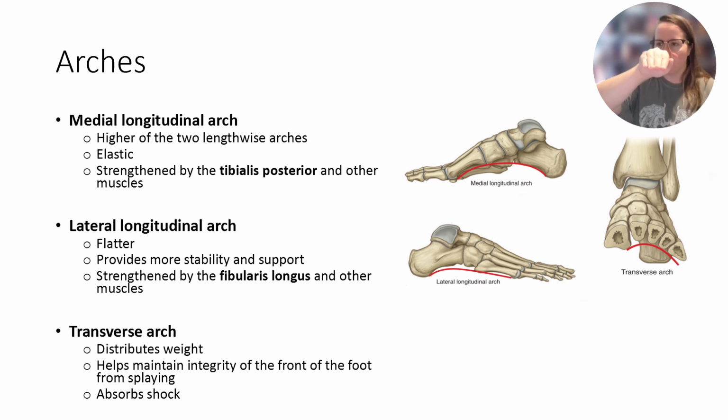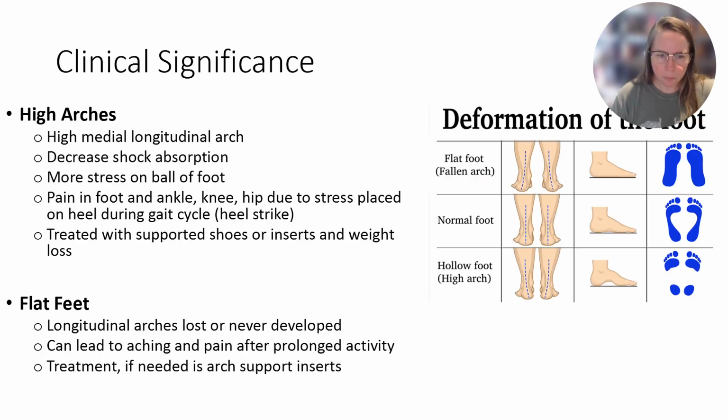This is to keep your foot like this so it doesn't flatten out and splay like that. You guys probably remember seeing some of the feet when we looked at our bones that were held together really great. They had these arches available. And then you saw the ones that were held together with fishing line that just kind of were collapsed. And that is where the transverse arches come into play.